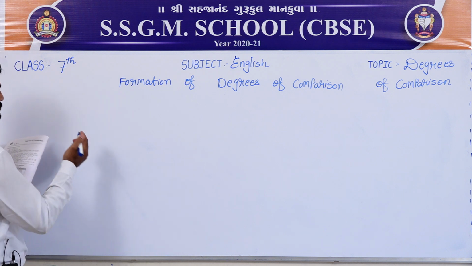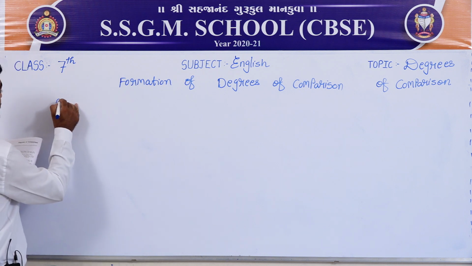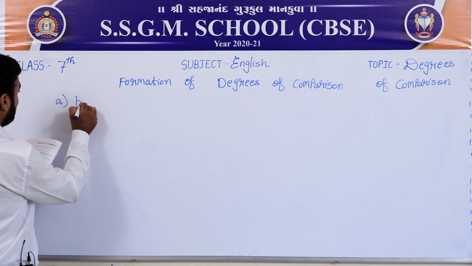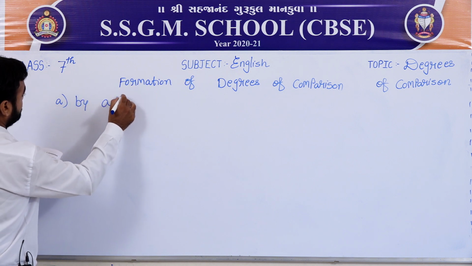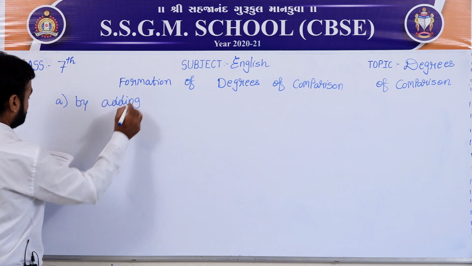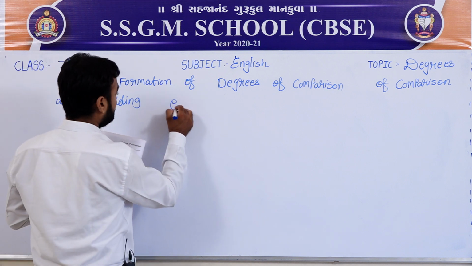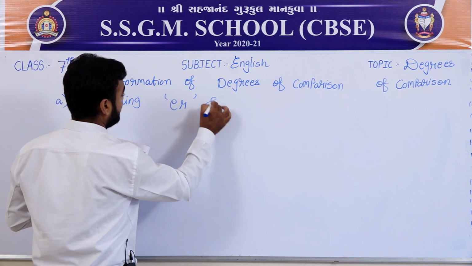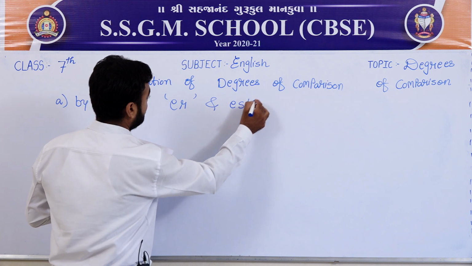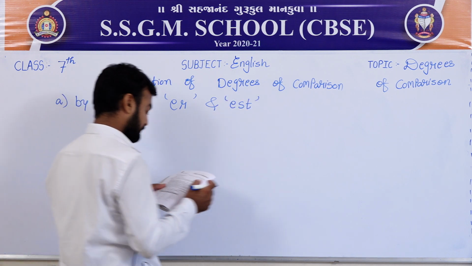So comparative and superlative degrees are formed by number A, by adding ER and EST to the positive degree.